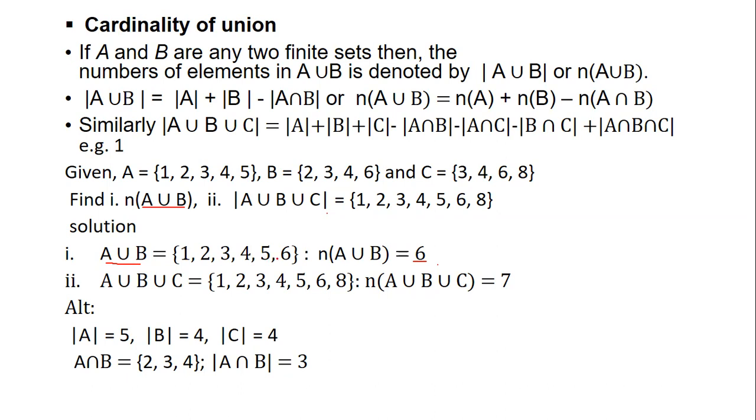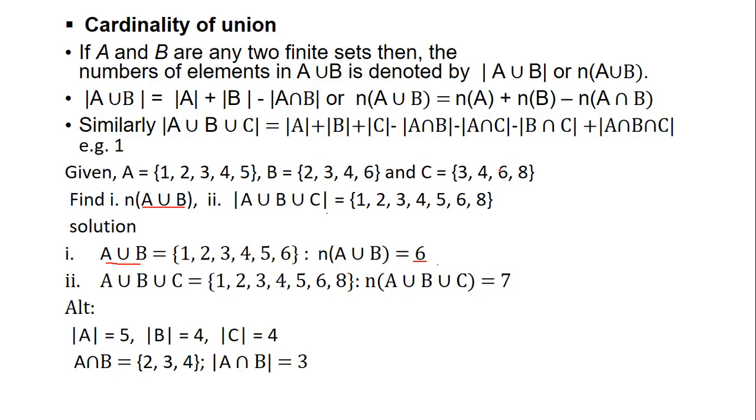Then we join this one with C to get A, B, C. But look at A, B, we already have 1, 2, 3, 4, 5, 6. And C has 3, 4, 6, 8. 3, 4, 6 are already captured in A, B. Is that okay?